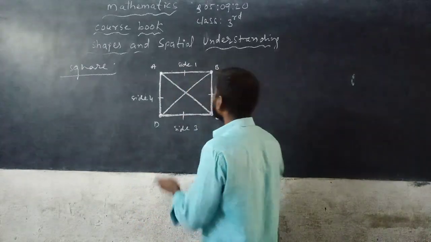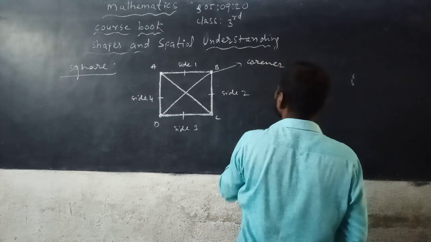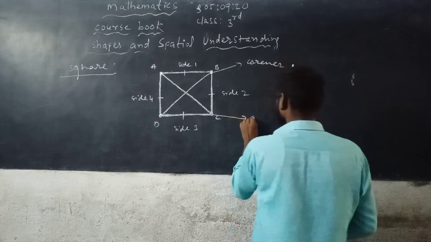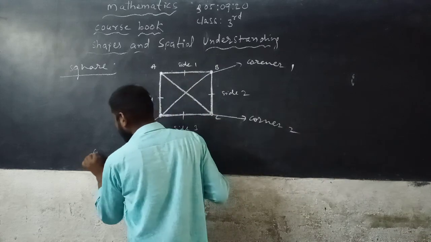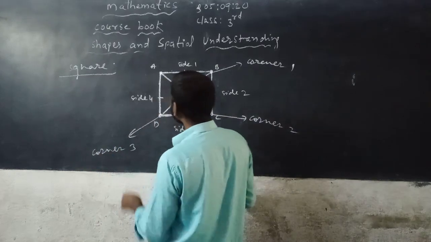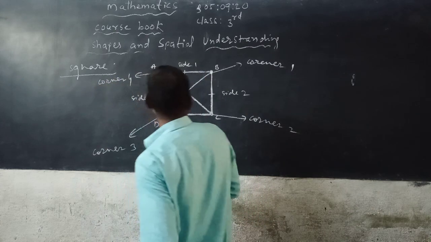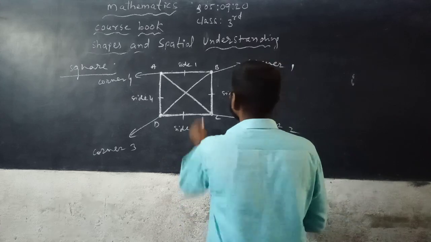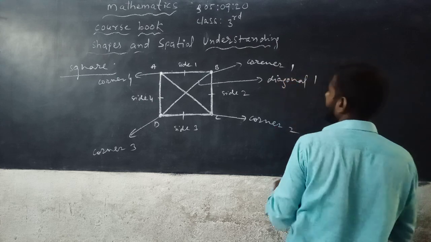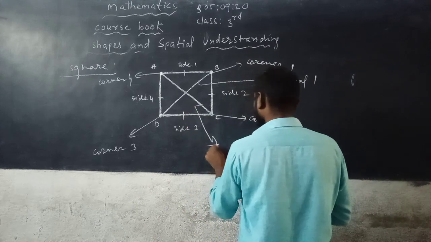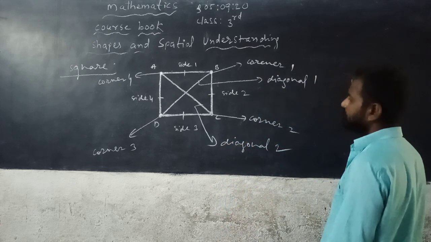It has 4 corners: corner 1, corner 2, corner 3, corner 4, and 2 diagonals: diagonal 1, diagonal 2.